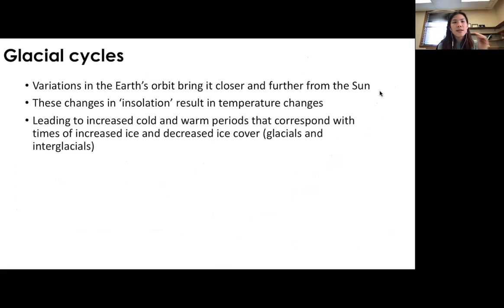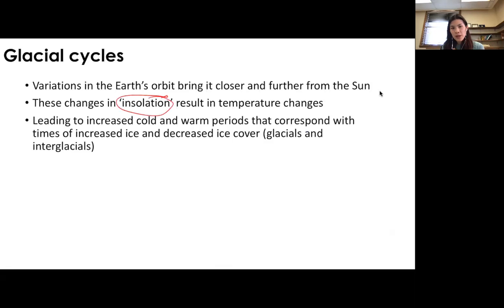All right, so since the Holocene is really defined by being an interglacial, it's important to talk about what glacial cycles are and how they're caused. Glacial cycles on a very generalized scale are formed through variations in the Earth's orbit that have brought the Earth closer and further away from the sun. This results in changes in what's called insolation, and that results in a temperature change.